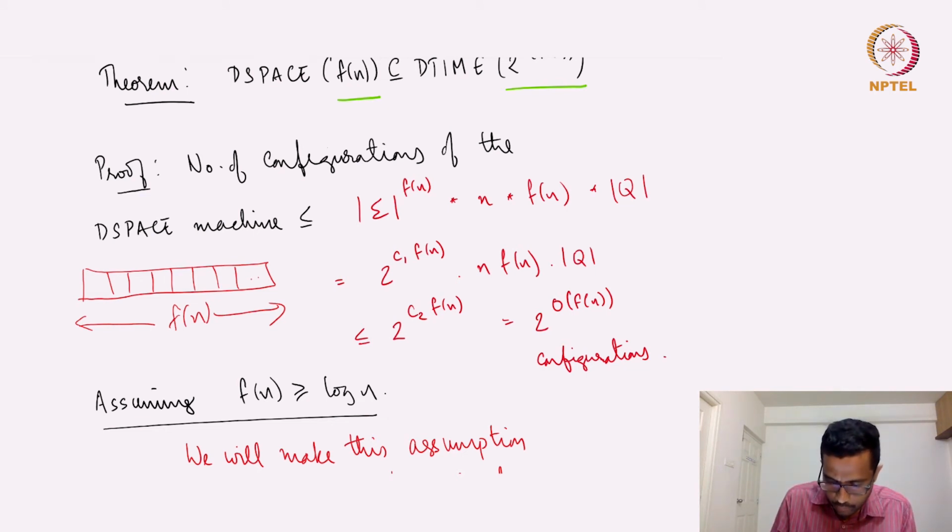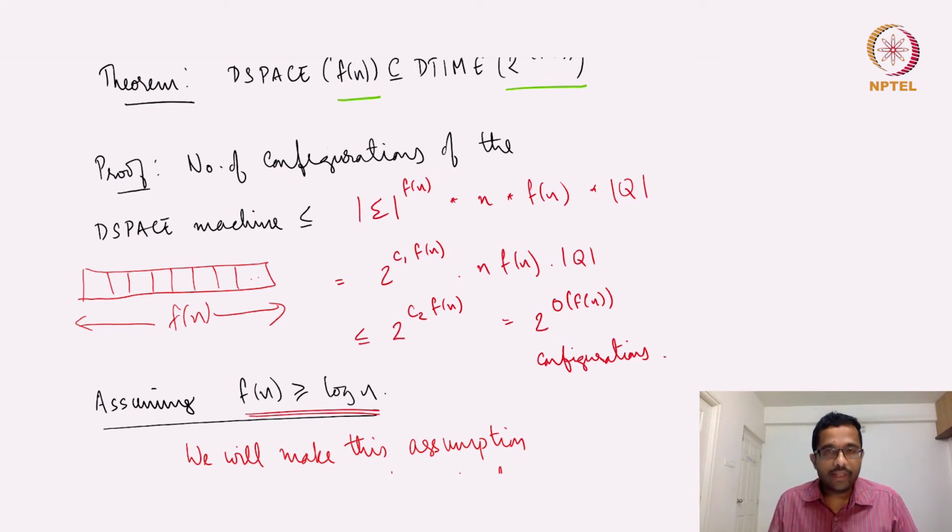Here we assume that f(n) is at least log n, and this is an assumption that is helpful to make throughout this part, not this lecture, but this part where we talk about space complexity. Just to read the input in a reasonable manner, the input is of length n, we will need some counter which keeps track of where we are, and that counter has to be at least log n bits.